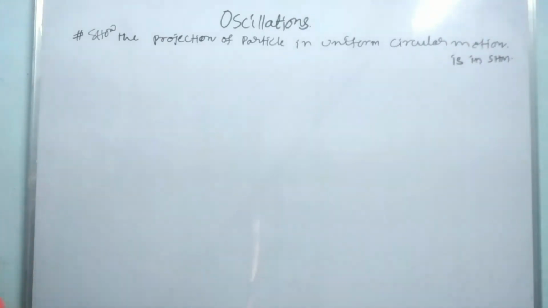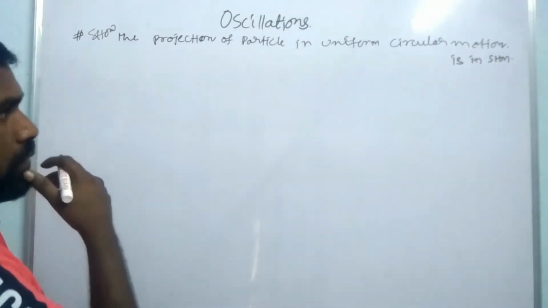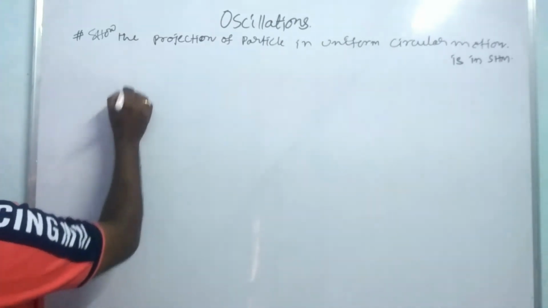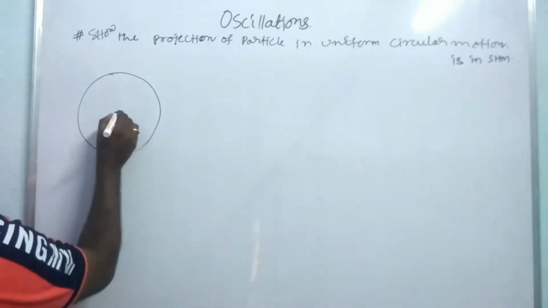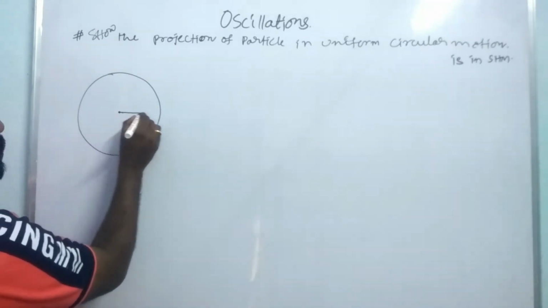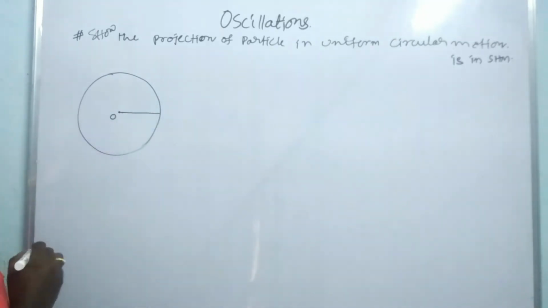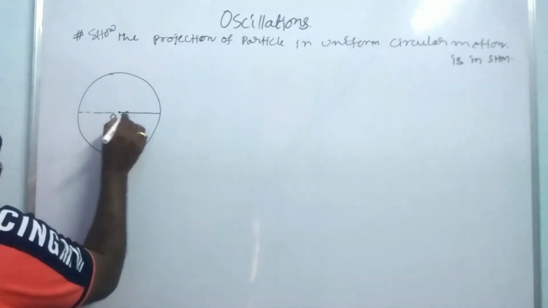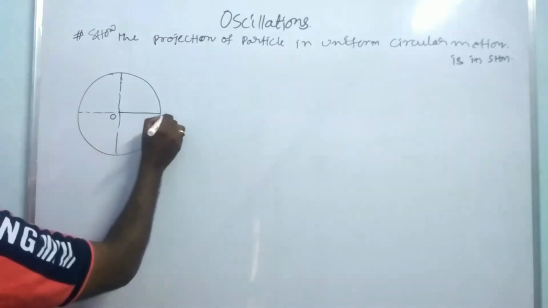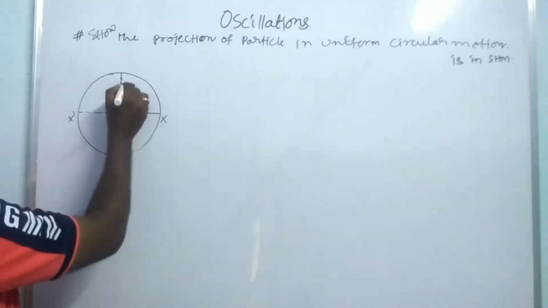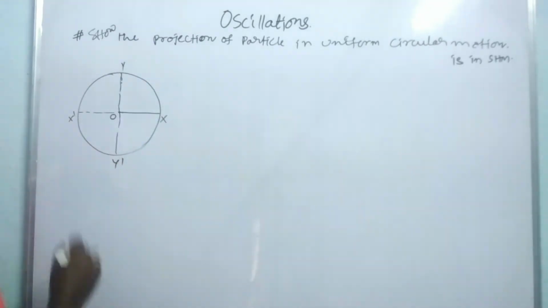Okay. So let us write the projection of the particle. Here there is a particle which moves in uniform circular motion about origin O. So this is the diameter of the circle. This is x dash, and this is y dash. So these are the origins of the circle.